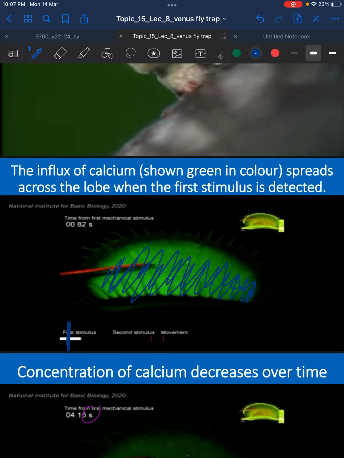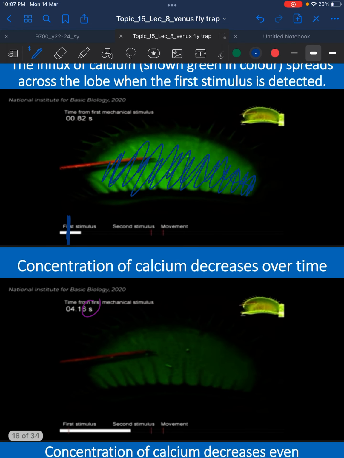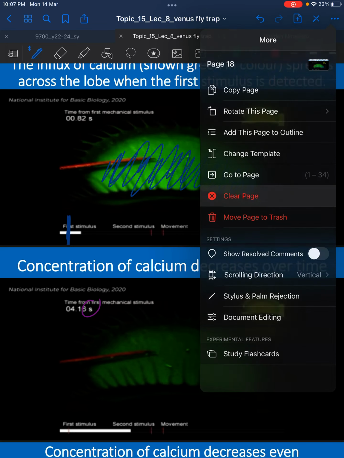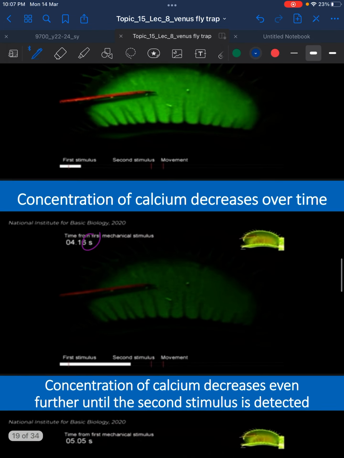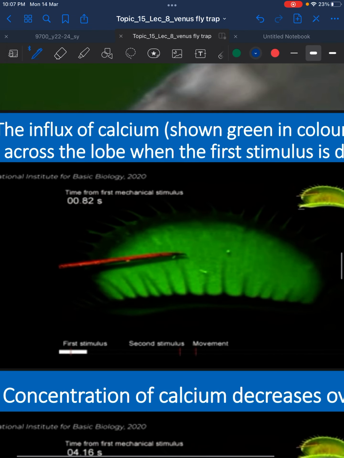Then over some time, the concentration of calcium will decrease if there is no second stimulus. So over time, you can see here, just looking at the time frame, we have 0.82 because the first stimulus is detected, meaning the first hair is deflected, at about 0.82 or before that.